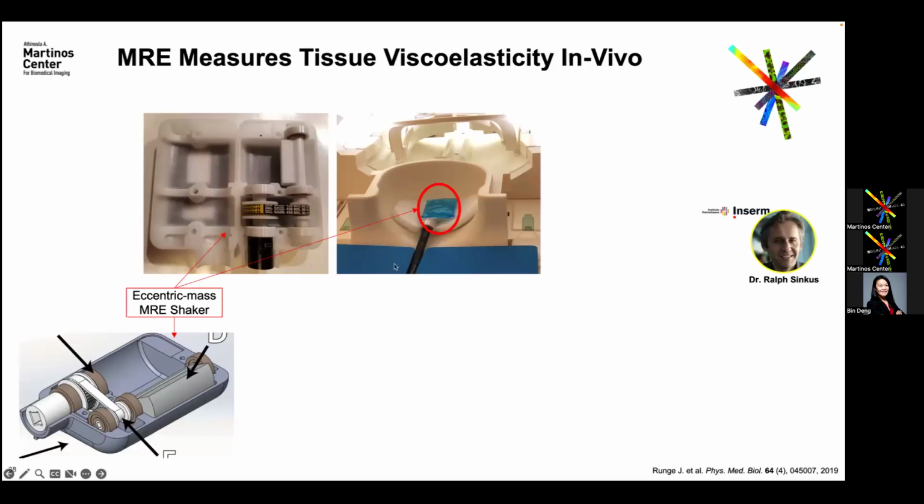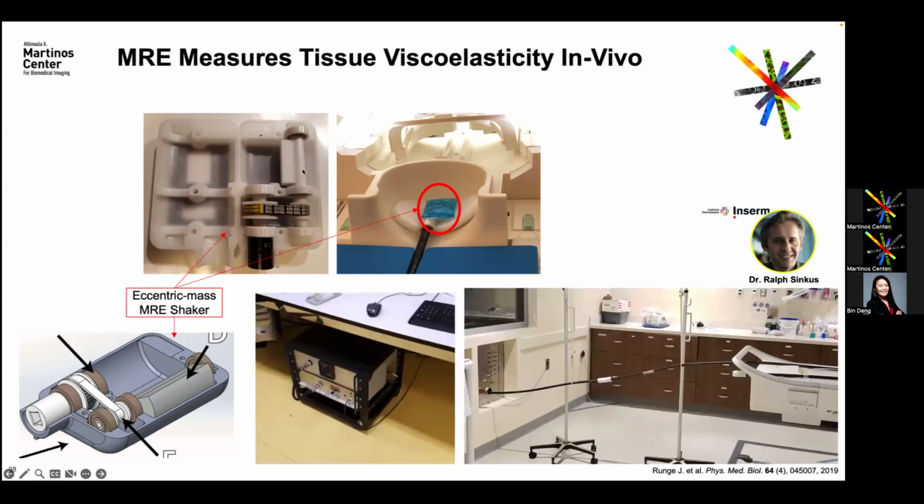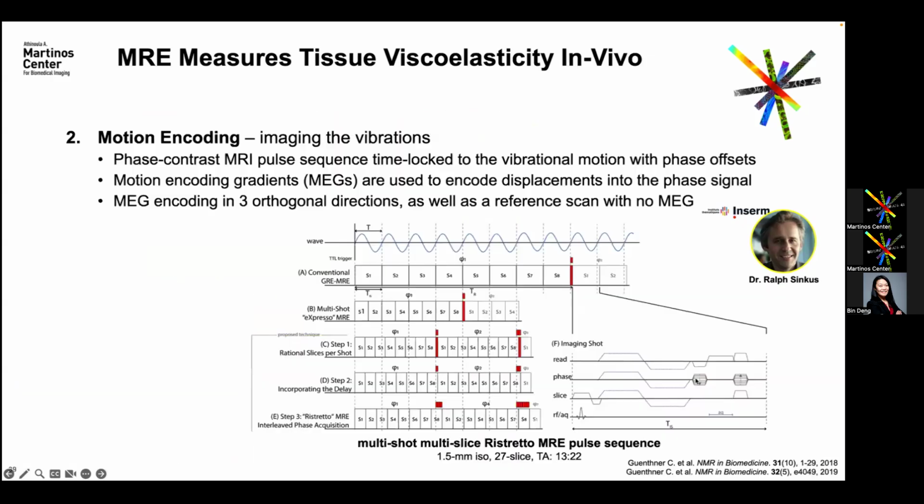This black thing is a long axis connected here, and it drives a pulley system to rotate this eccentric mass in a plastic casing that drives the vibration. We use a stepper motor placed in the control room and connected to this long axis that goes through the waveguide to the patient bed to synchronize the vibration with the acquisition. And MRE is basically a phase contrast MR pulse sequence that is time locked to the vibration motion.